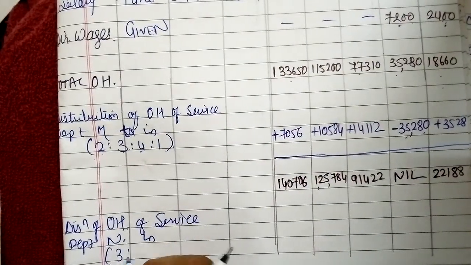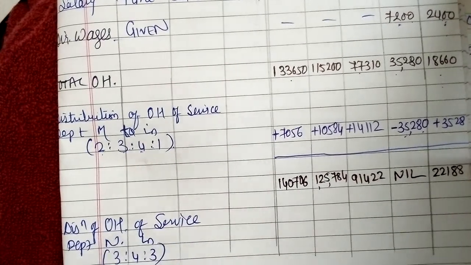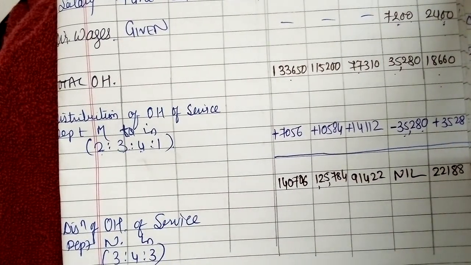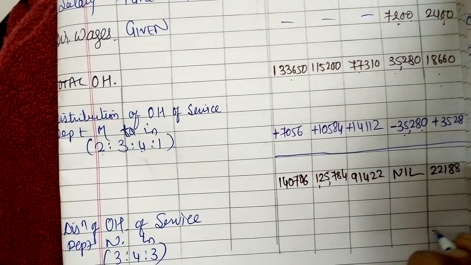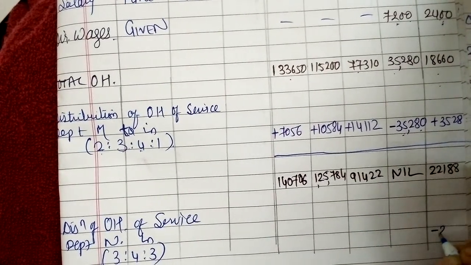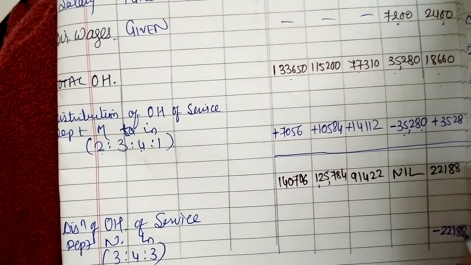So 3:4:3. So now here this will be negative 22,188.